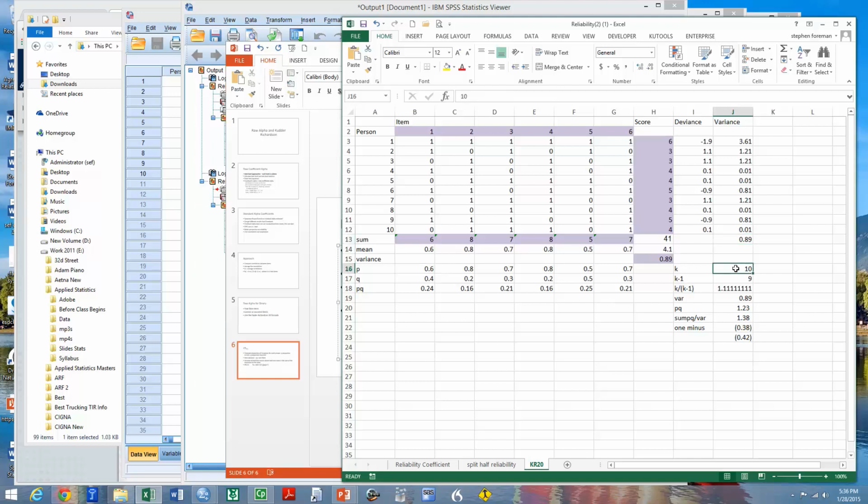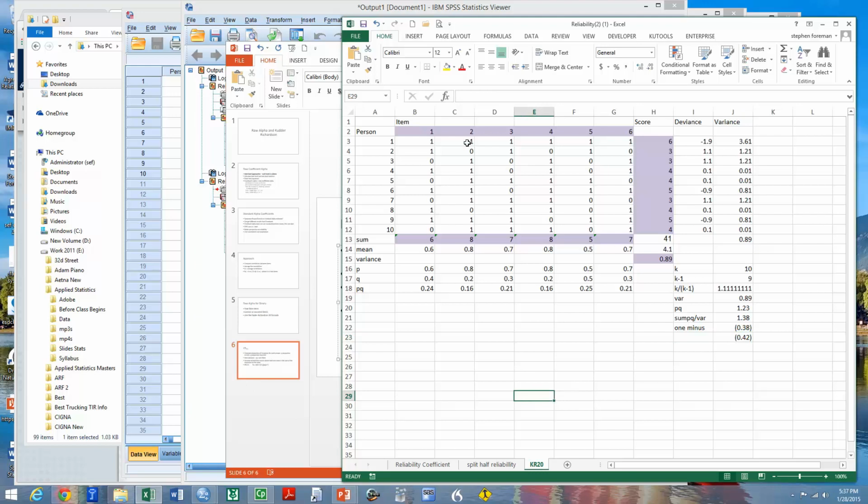So K was 10, and K minus 1 is 9. That divided by that is 1.11. So we have our variance for the people. We have the sum of the PQs, the variances, divided by the variance is 1.38. And we subtract that from 1 to get a Kuder Richardson score of 0.42.